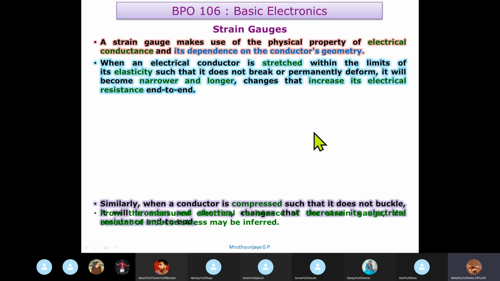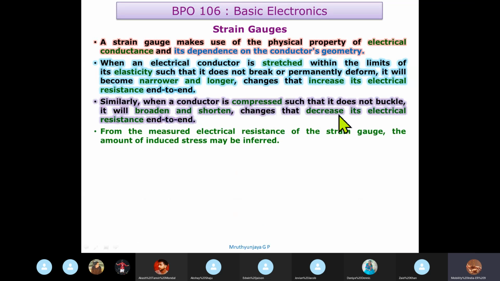Similarly, on the other side, when a conductor is compressed, such that it does not buckle, bend or break, it will broaden: area increases, length decreases. When we compress the same material, again the rho L by A principle is applied, and that results in decreasing resistance. So when we pull, the resistance increases; when we press, the resistance decreases.